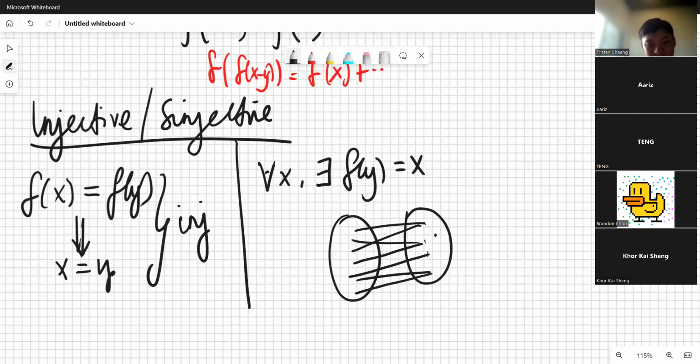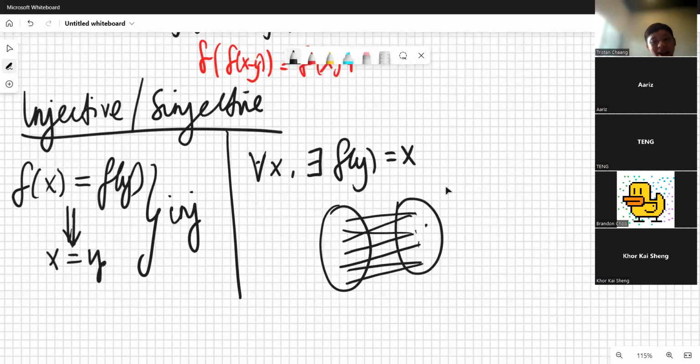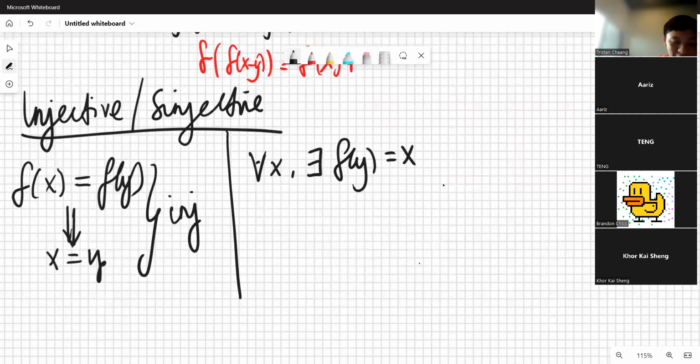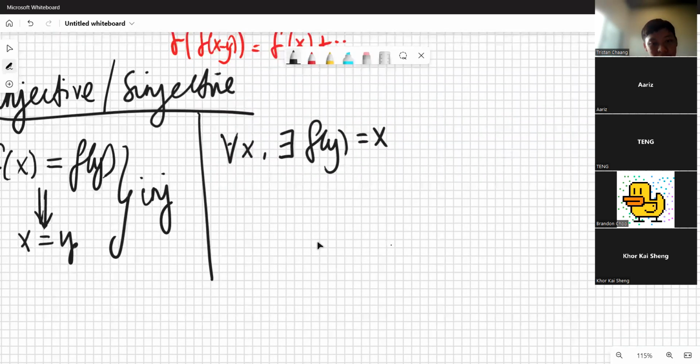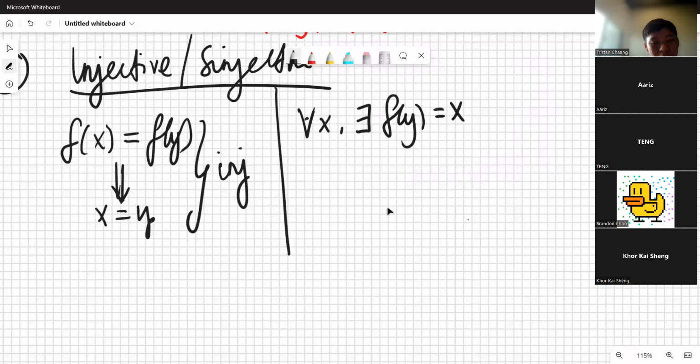So there are no isolated points in the codomain. Okay, so someone said normally you need an outside point to prove it. Yes, exactly, I will explain that later. So these are the two definitions, and if both of these conditions are true, then we call the function a bijection or a bijective function.